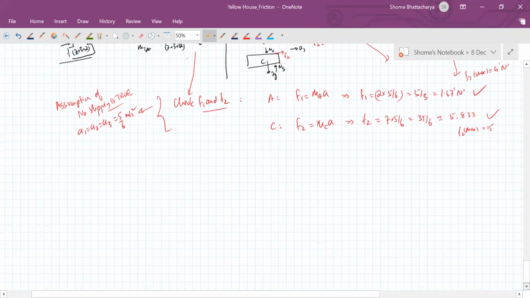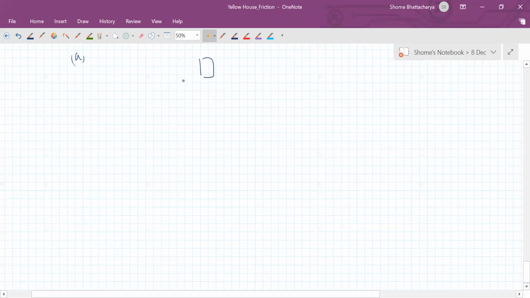Okay, so for part A, you're applying the force on this one now, so your individual FBDs will become different. The force acts on this, and this friction is like this.